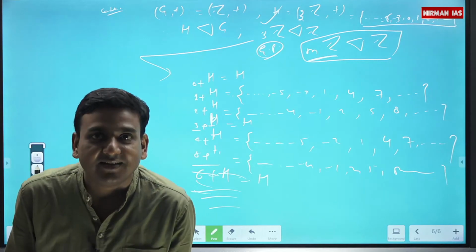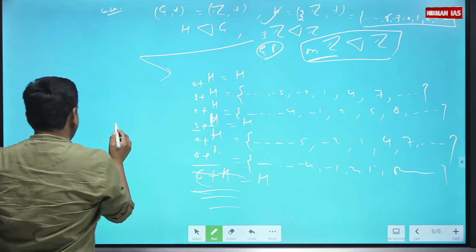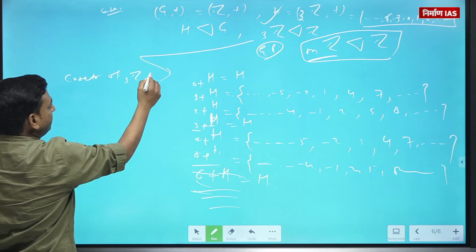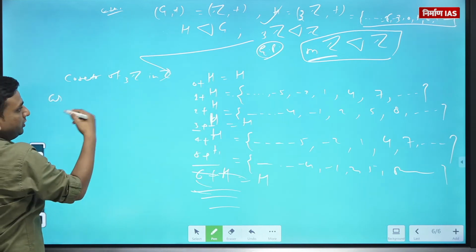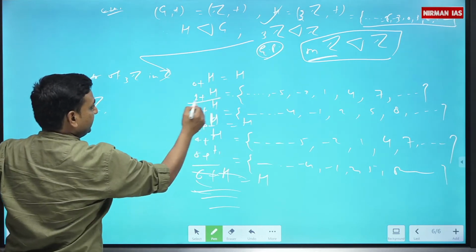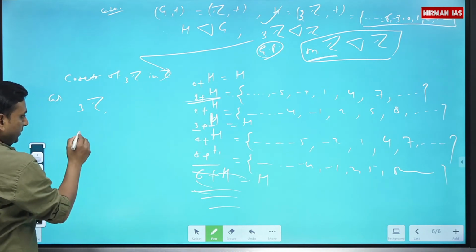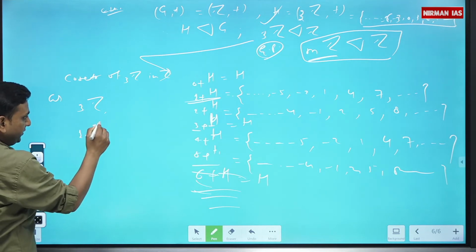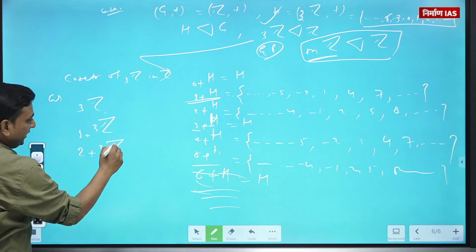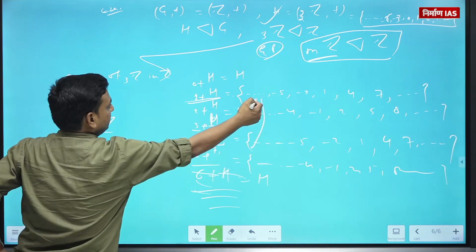Did you observe something? What do you observe? The cosets of 3Z in Z are, what are those cosets? H means 3Z, the other coset is 1 plus 3Z, the other coset is 2 plus 3Z, and 4 plus 3Z, what did we get? Again the same set as 1 plus 3Z.